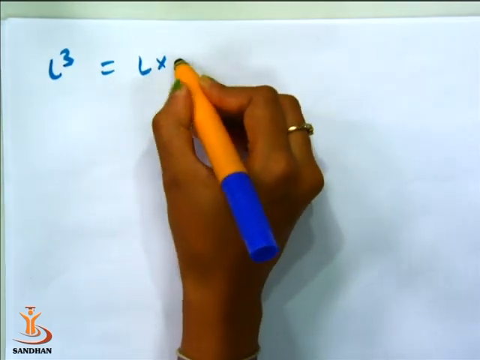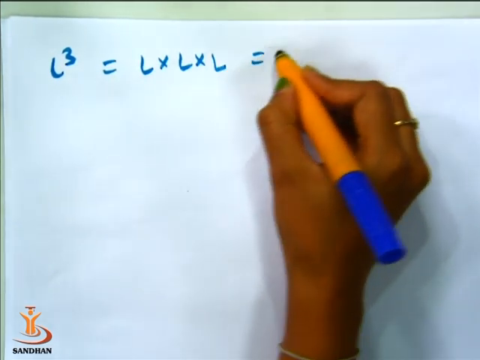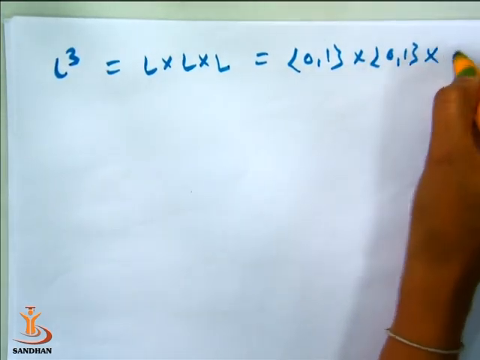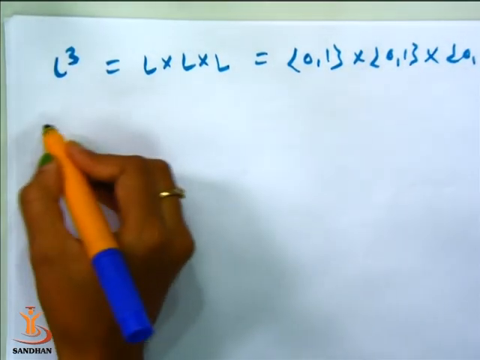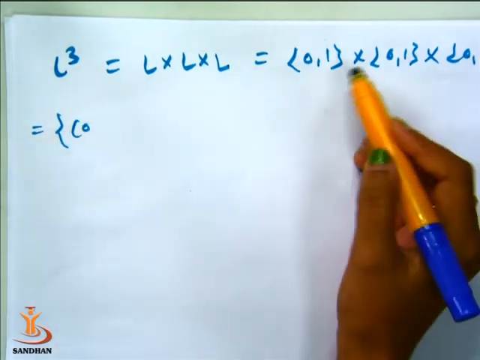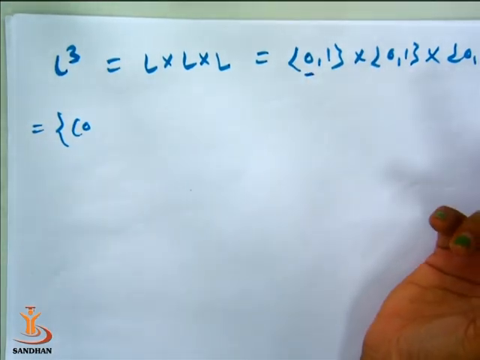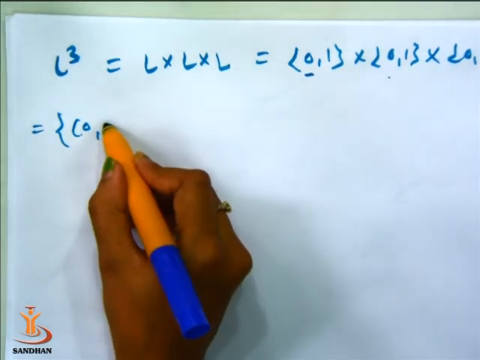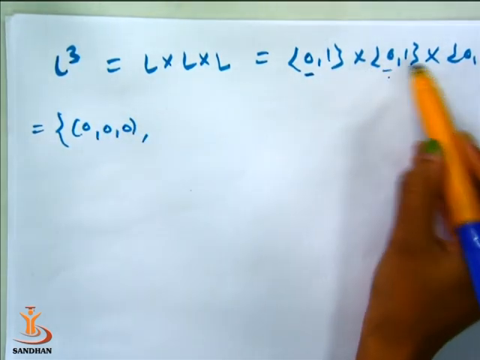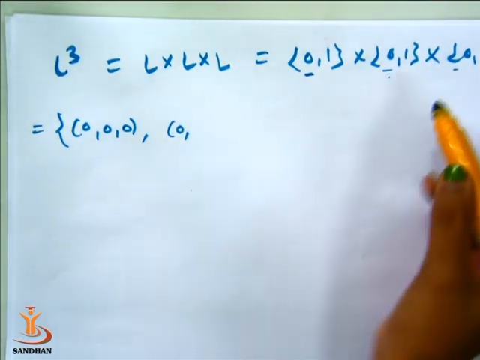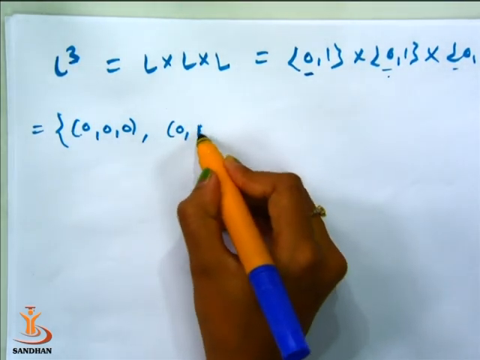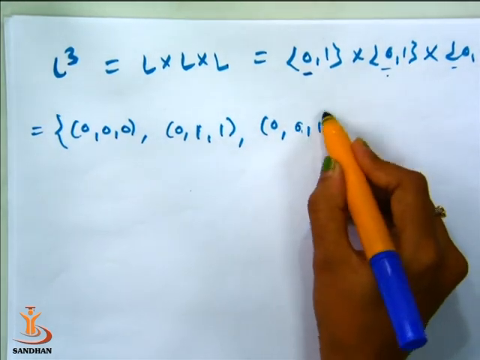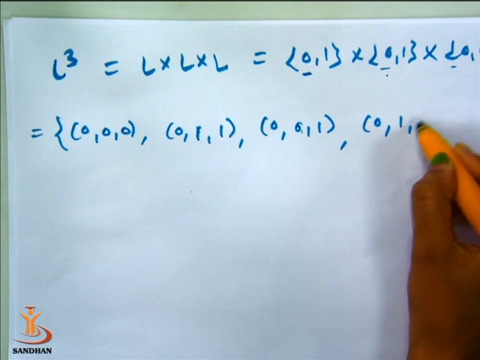L cubed is L cross L cross L, that is {0, 1} cross {0, 1} cross {0, 1}, and the elements are as follows. First restrict the first element to 0 and find the other elements: 0 with (0, 0), then 0 with (1, 1), then 0 with (0, 1), and 0 with (1, 0).